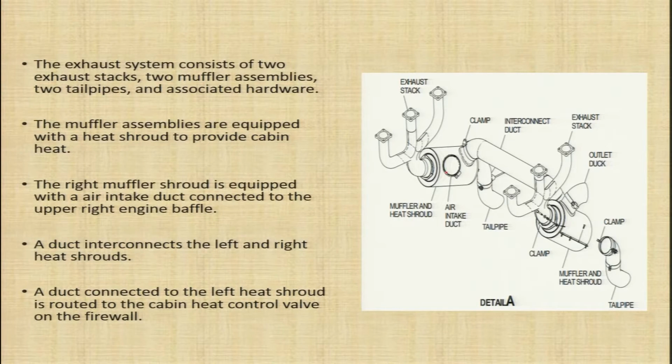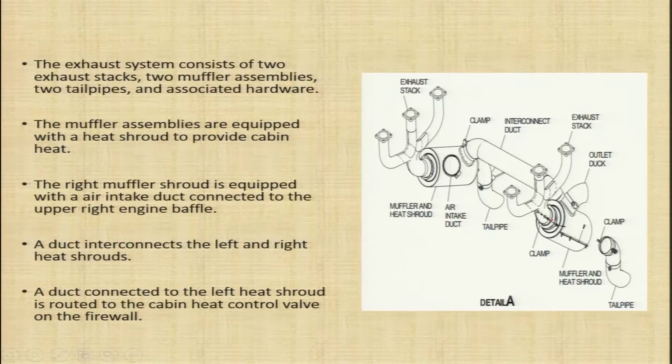The right muffler shroud is equipped with an air intake duct. So, this right muffler shroud is provided with an air intake duct connected to the upper right engine baffle. A duct interconnects the left and right heat shrouds. This duct connects your left and right heat shrouds.